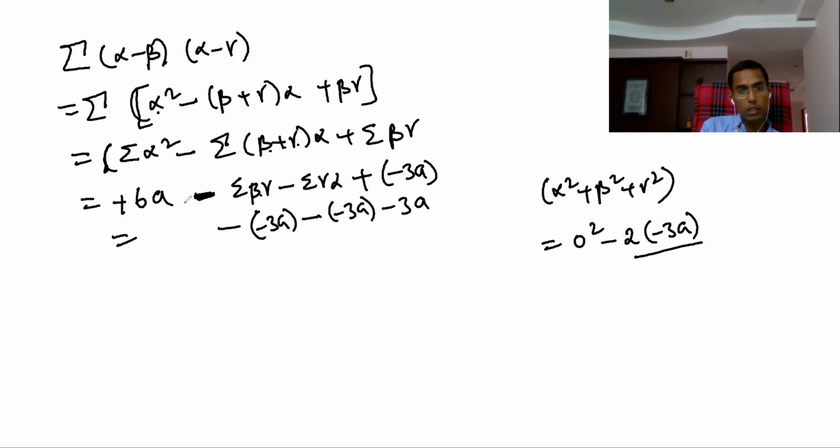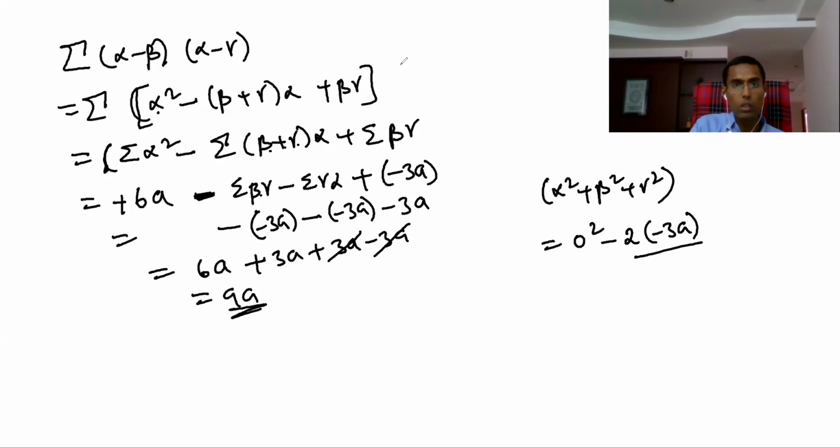So 6a plus 3a plus 3a is 9a. So that's what is asked to prove. Okay, so this is how we do, and we will go to the next concept, synthetic division. So we are going to learn synthetic division in the next concept.